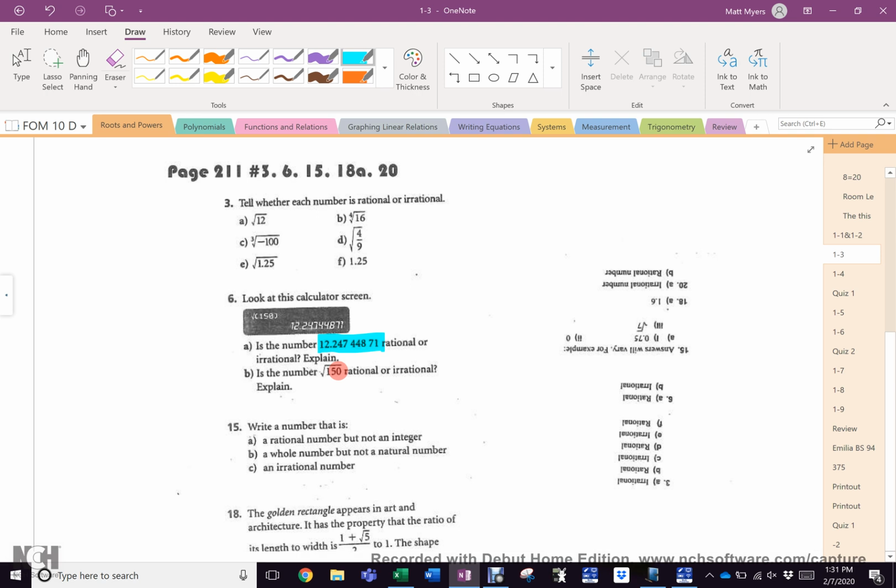No. No, that is the square root, as much of it as will fit on your calculator screen. But isn't there more beyond the calculator? Yes, there is. Which is why when I write it out, it's rational because I stopped. What if I wanted to stop at 448? Can I do that? It would still be rational because you stopped.